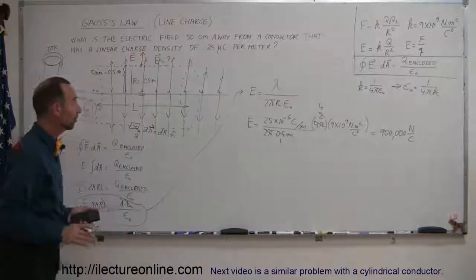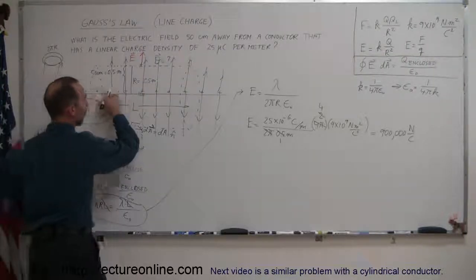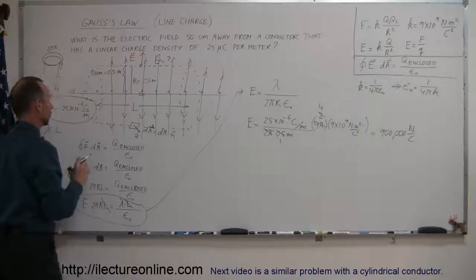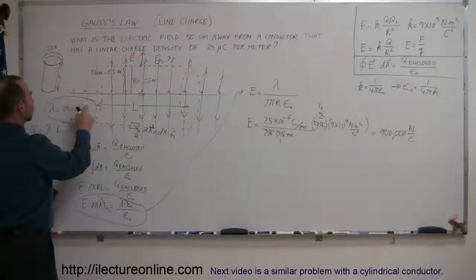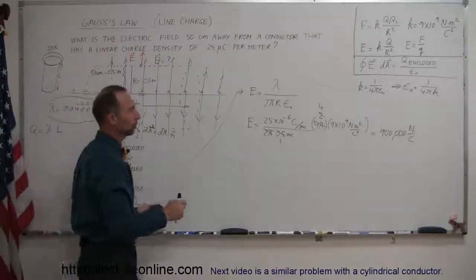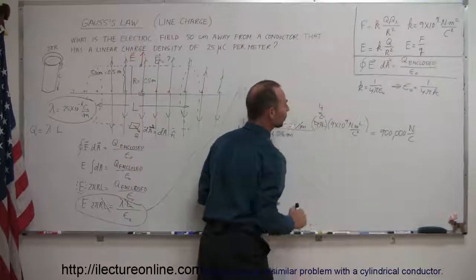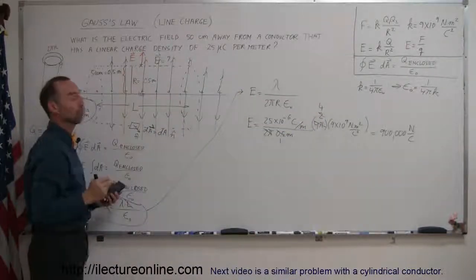So the answer is the electric field strength at a distance 0.5 meters away from a conductor that has a stationary charge density of 25 times 10 to the minus 6 coulombs per meter, or 25 microcoulombs per meter, is equal to 900,000 newtons per coulomb in a direction radially away from the conductor.